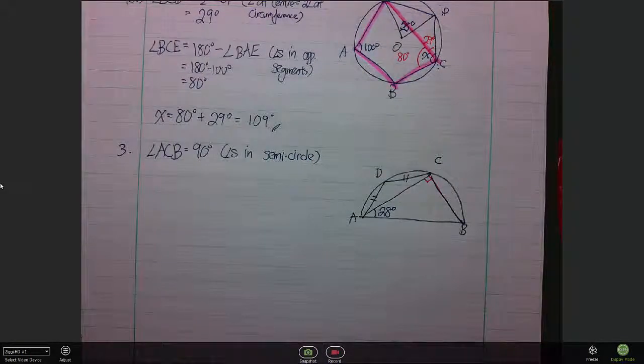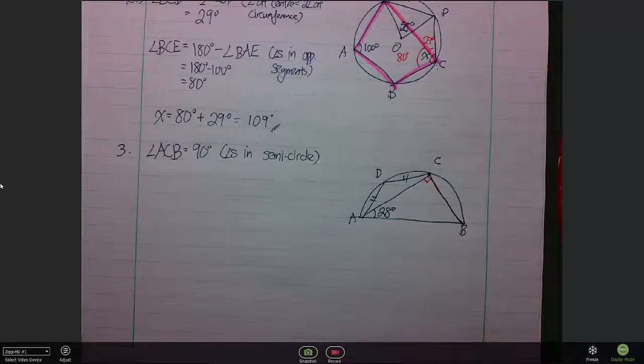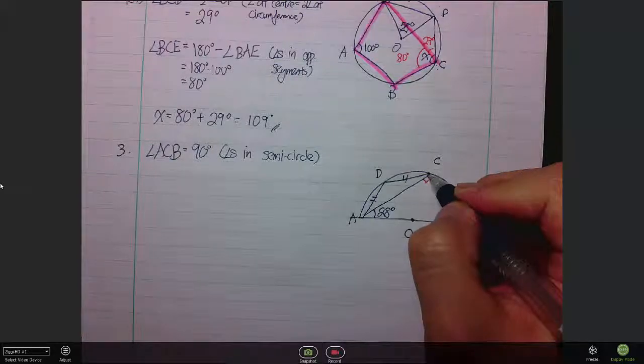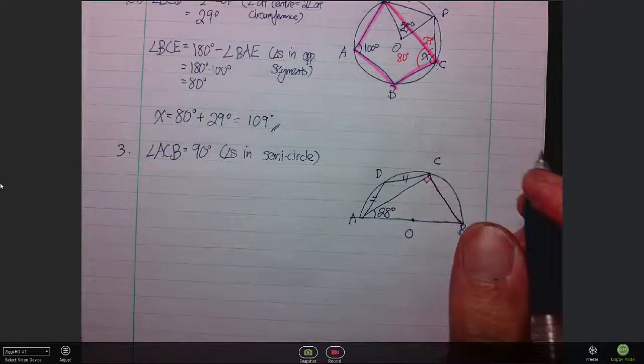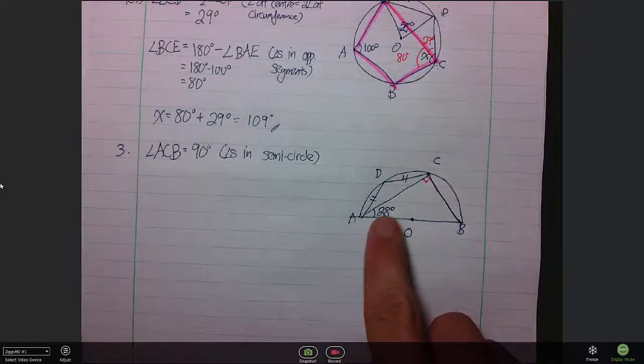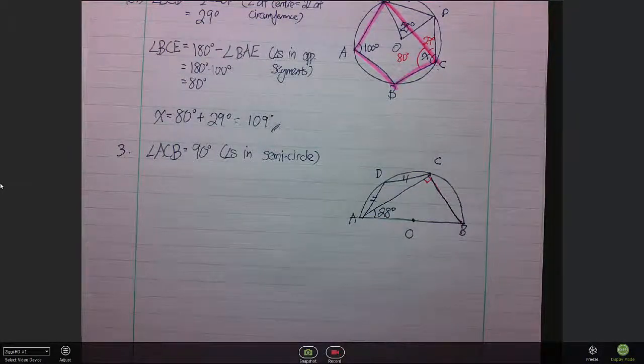This is the first part there. Then the next thing that we can do down here. There's a point here, O. Next thing I can do is, if this is 28, this is 90, I can find angle ABC.